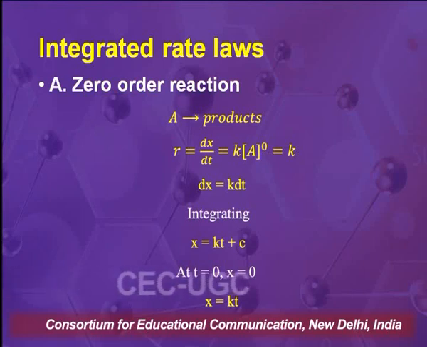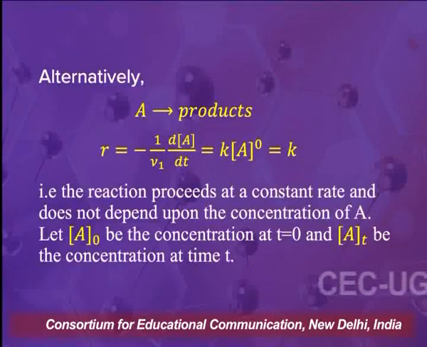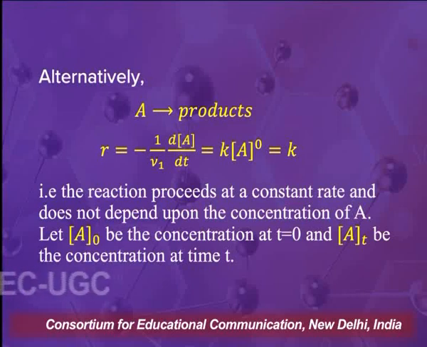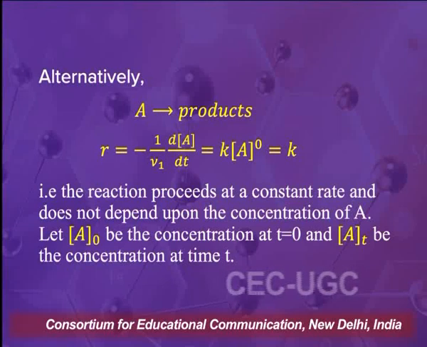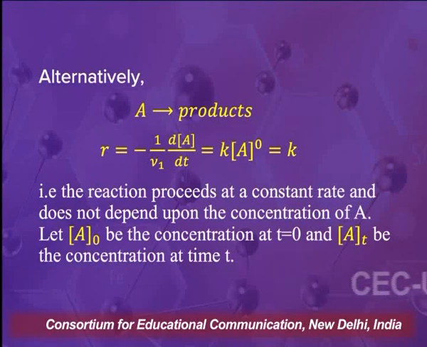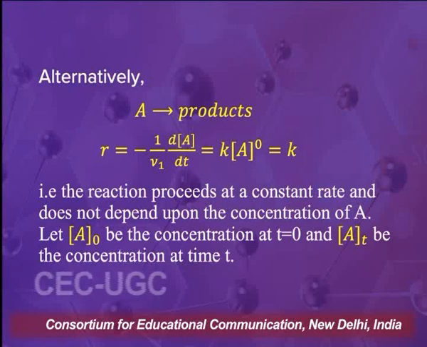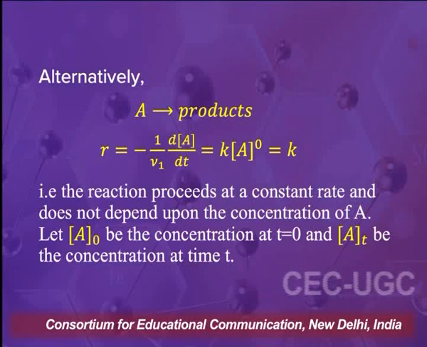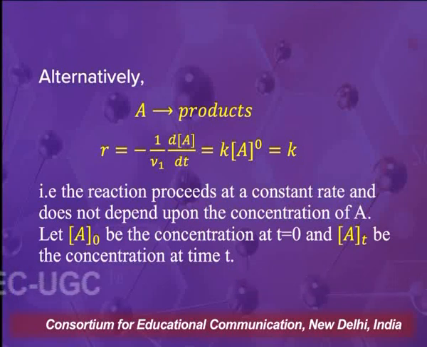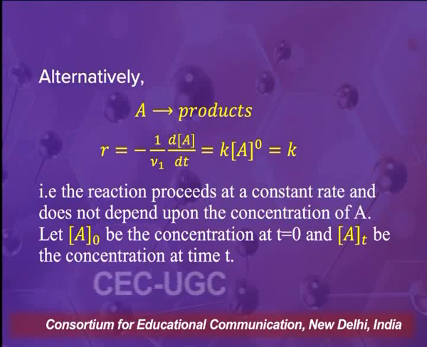This is the integrated rate law equation for a zero order reaction, and it can also be obtained alternatively for the reaction A gives products by writing the rate as rate is equal to minus 1 by nu 1 dA by dt is equal to k into A to the power 0 is equal to k.